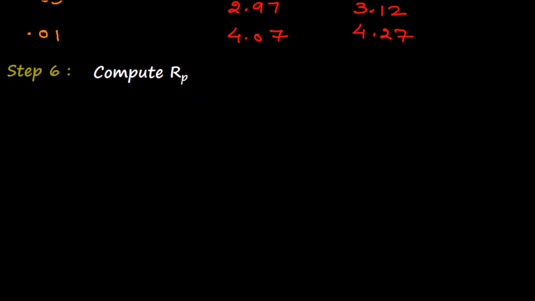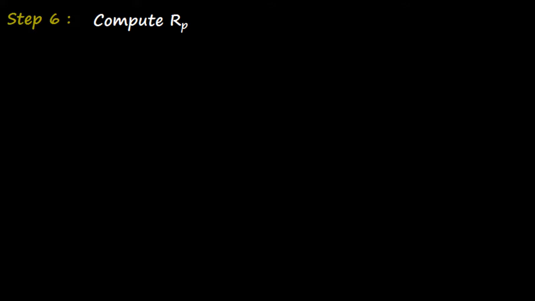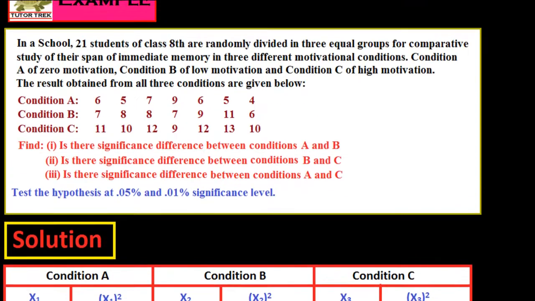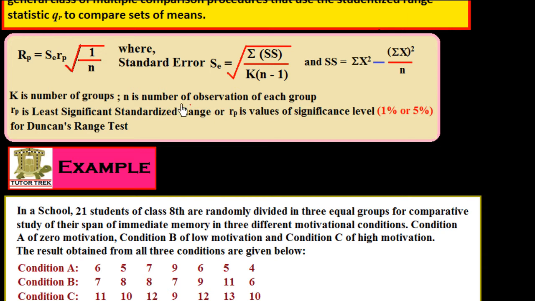Now step 6, which is to compute the RP. We know the formula for this RP, I will explain it again. Look at this formula. RP is equal to AC RP times the square root of 1 over n.